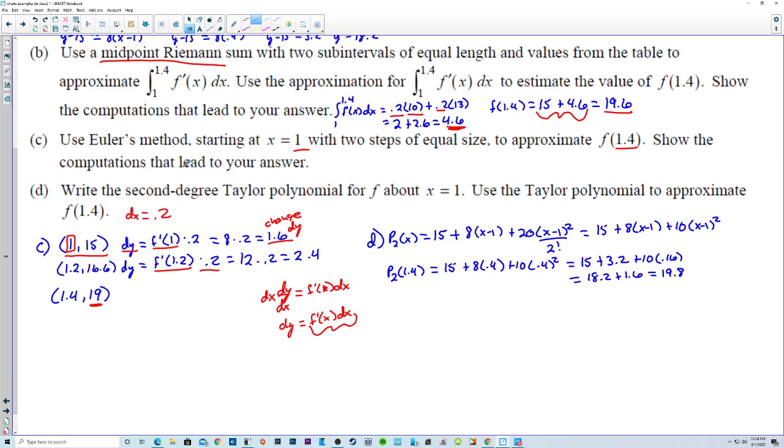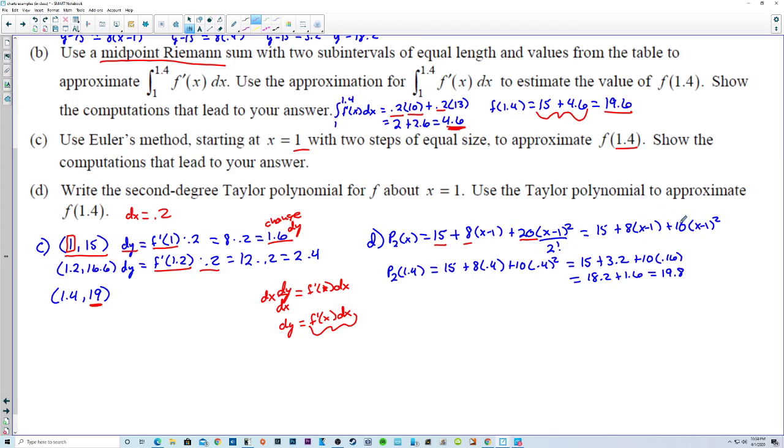Well, the fourth way is Taylor polynomials, which approximate the values of functions. So write the second degree Taylor polynomial for f about x equals 1. Use the Taylor polynomial to approximate f of 1.4. So we have f of 1 is 15, the first derivative is 8, the second derivative is 20, and we have the second degree Taylor polynomial centered at 1.